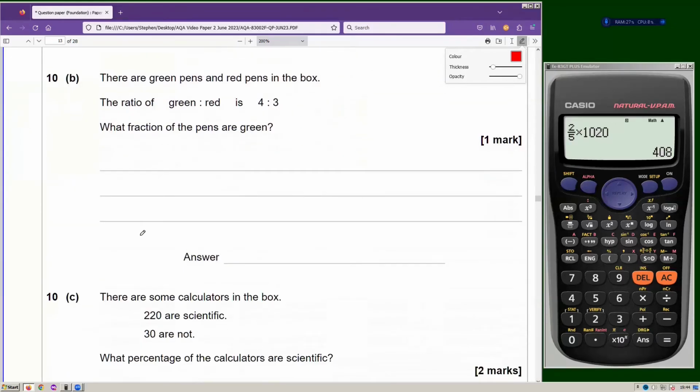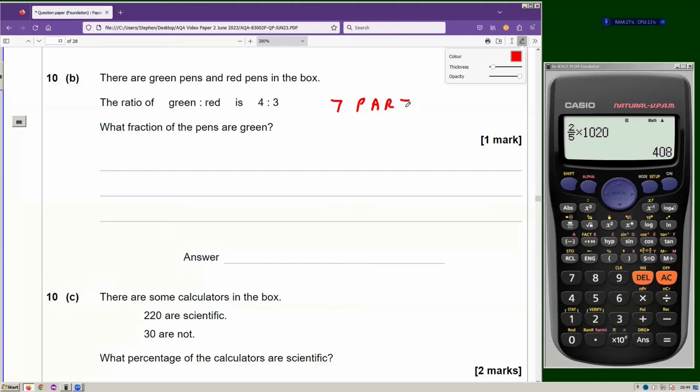There are green pens and red pens in a box. The ratio of green to red is 4:3. What fraction of the pens are green? Now, we've got to be a bit careful here. 4:3 means there are a total of 7 parts.